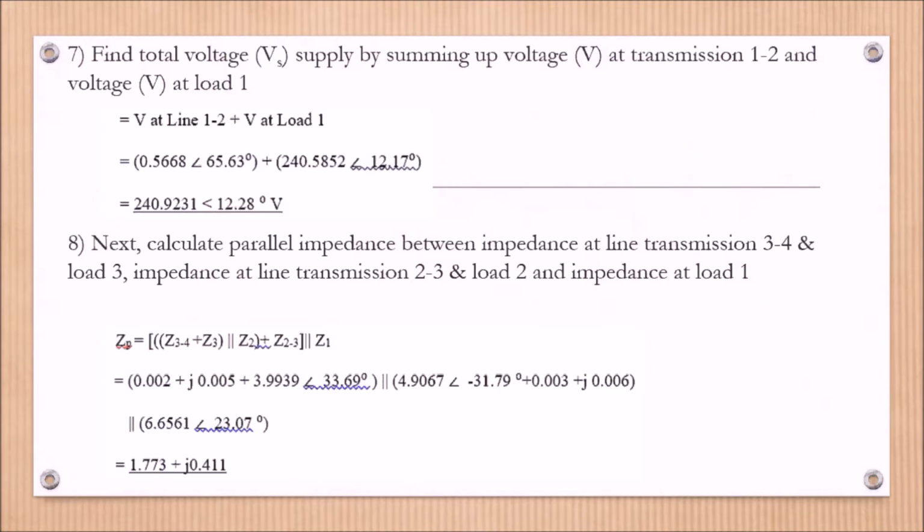In this case, we need to find the total current. So we start by calculating the impedance from load 3 until load 1.